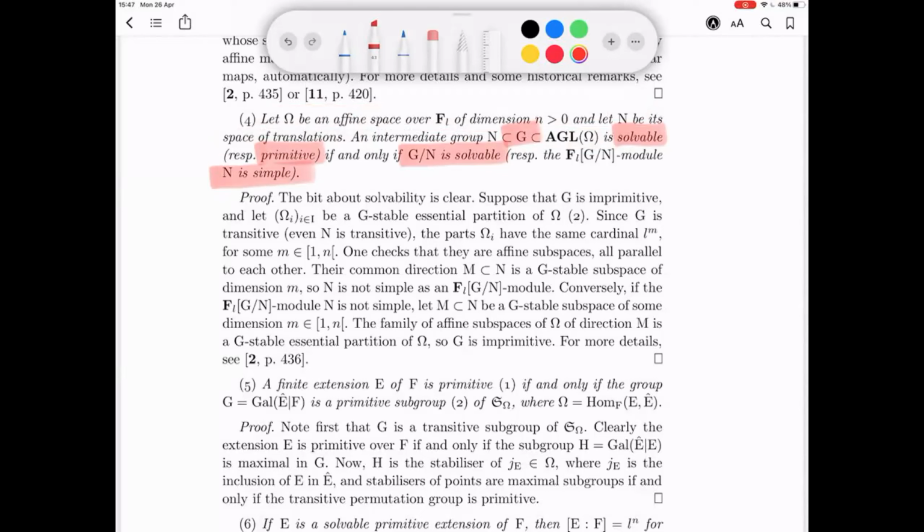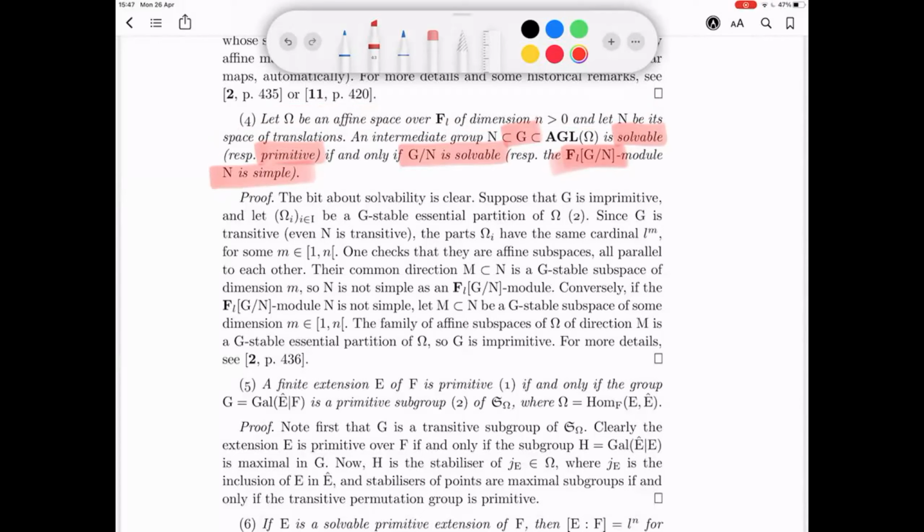So what is a module under a group? Let me explain a little bit. I'm not quite sure how many of you have already come across these notions, so I'm going into the very basics and explaining even the standard terminology.